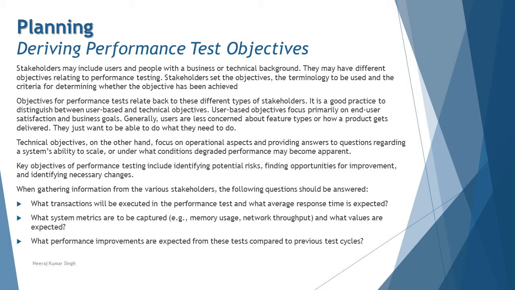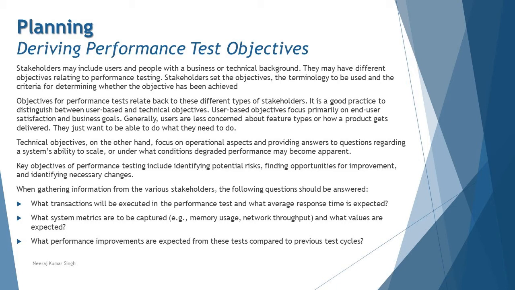Then we finalize certain conditions which will be called your objective, and simultaneously look at the entry and exit criteria for the overall execution. That's where it's really important to involve stakeholders from various backgrounds, which adds a lot of value in having clear expectations at the beginning, and a very good set of end goals and objectives for the performance test.